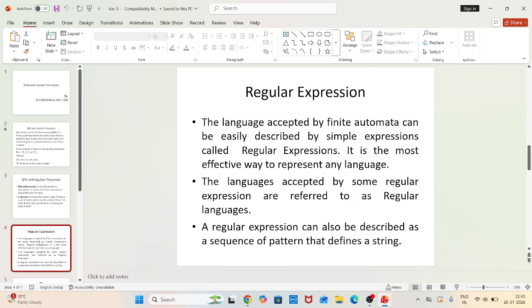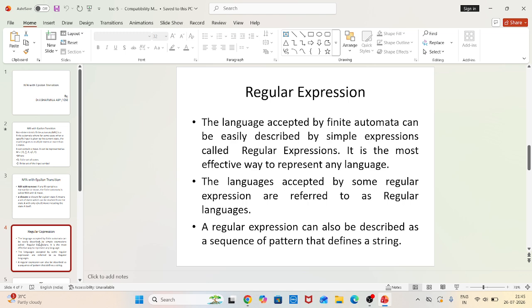Next, regular expression. The language accepted by finite automata can be easily described by simple expressions called regular expressions. It is the most effective way to represent any language. The languages accepted by some regular expression are referred to as regular languages.